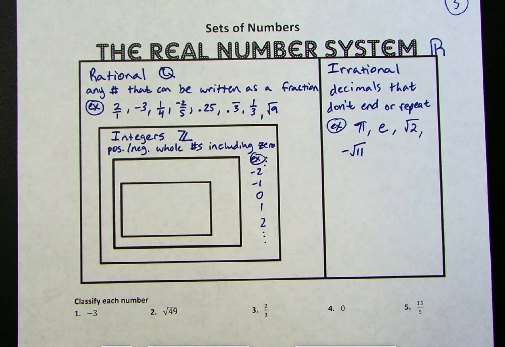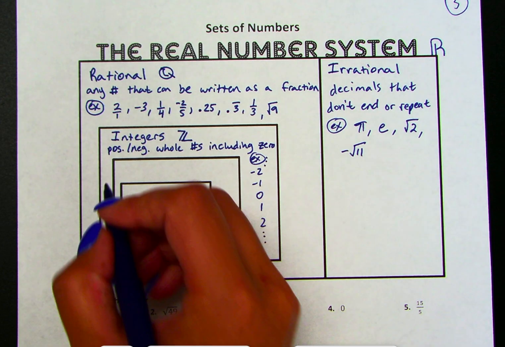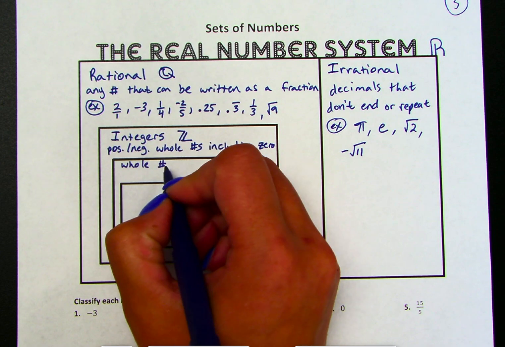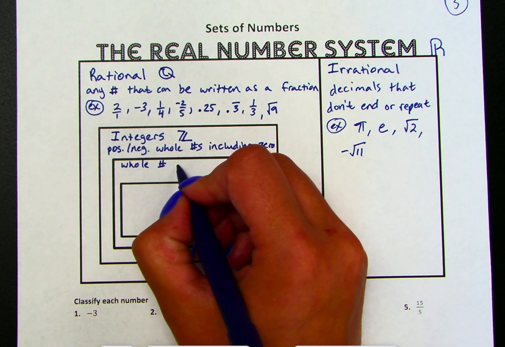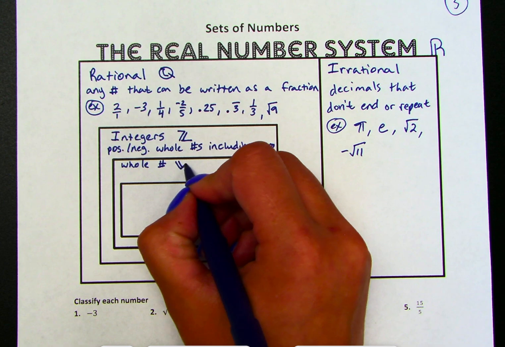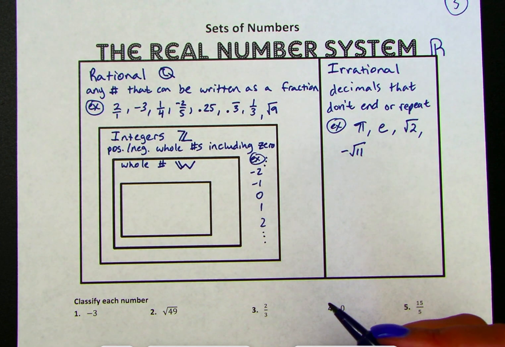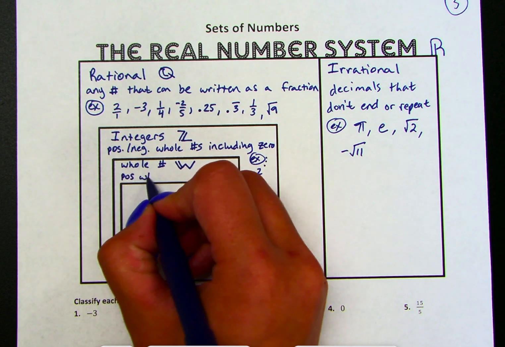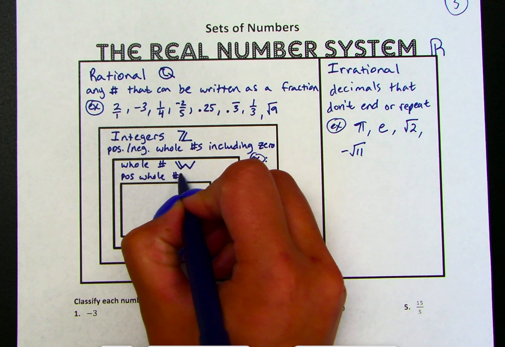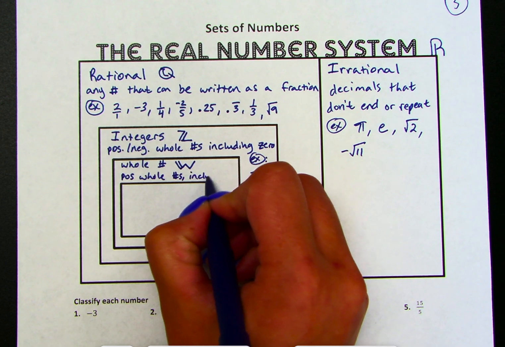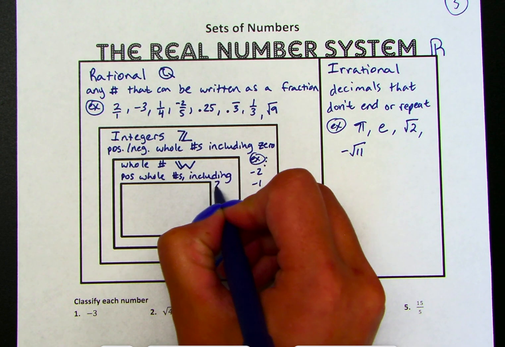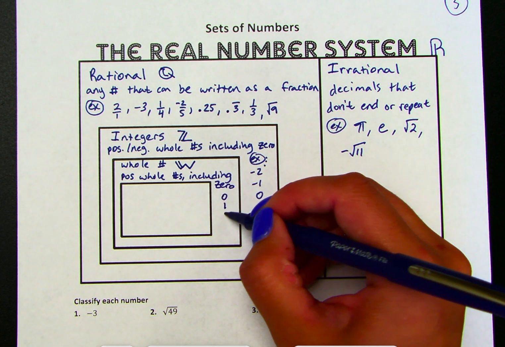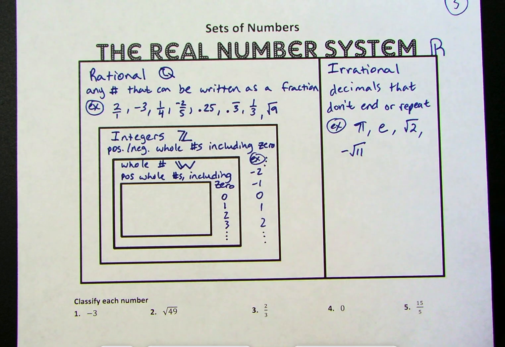Now, within our integers, we have another subgroup called whole numbers. Again, this is a bolded W. These are going to be just the positive whole numbers, including 0. So we would start at 0, and then we would count up. So 1, 2, 3, and so on.